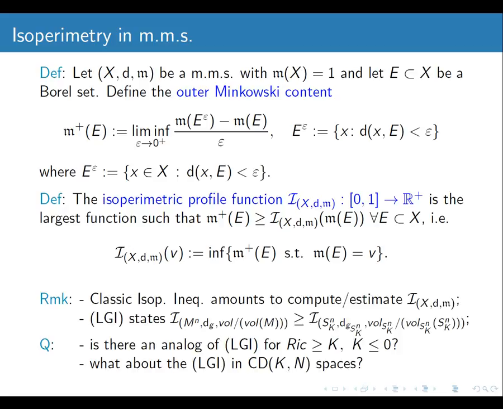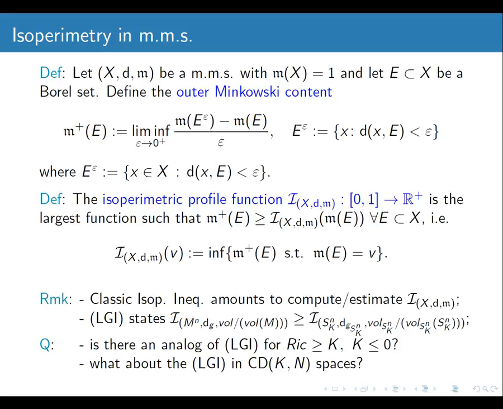So the classical isoperimetric inequality, in a way, asks for finding a precise value for this isoperimetric profile function, while the Levy-Gromov isoperimetric inequality can be restated in this form. Maybe it's a bit more compact, but it will be useful later for stating our result.